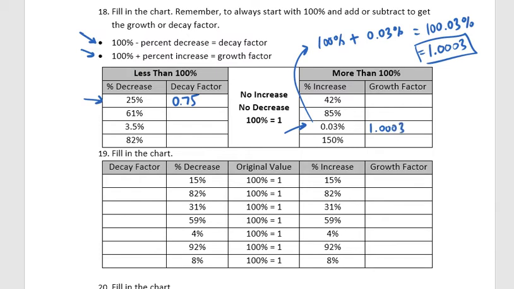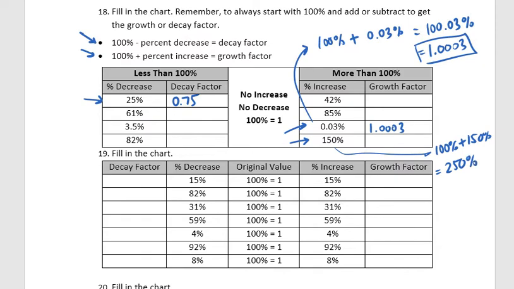Okay, let's take a look at one more here. This one's kind of tricky. I think once we get this one, we'll have the whole thing figured out. So we're starting with an increase of 150%. Again, let me show you what I'm thinking. No change would be 100%, but then I'm going to increase that by 150%, which is going to be 250%.